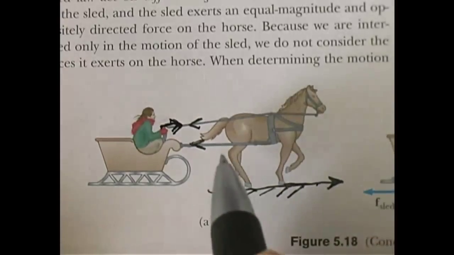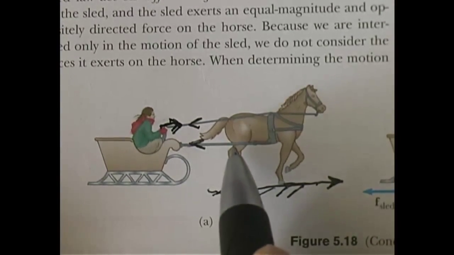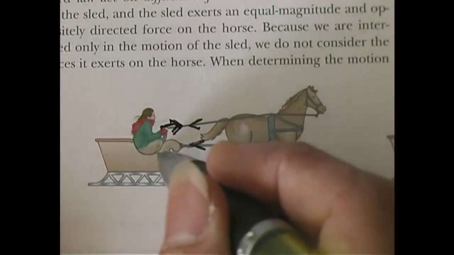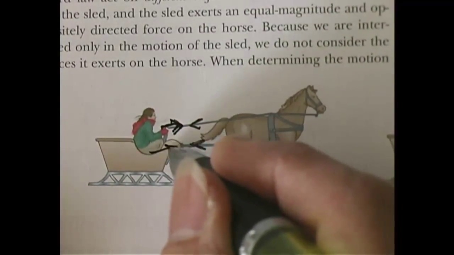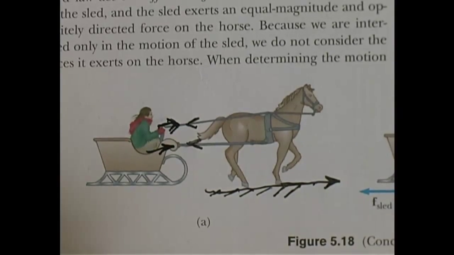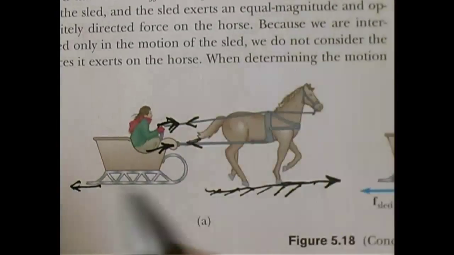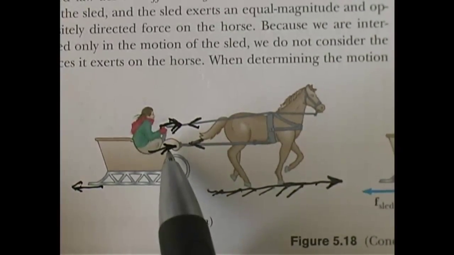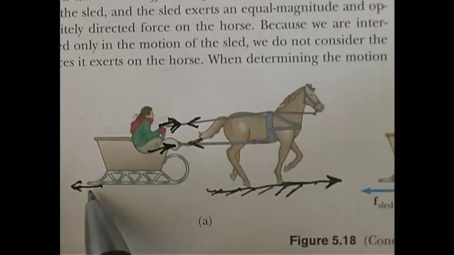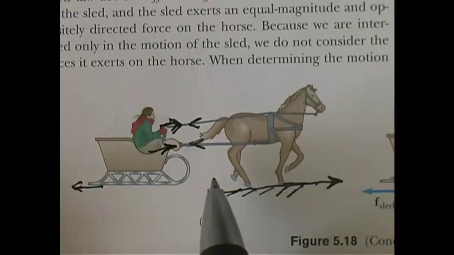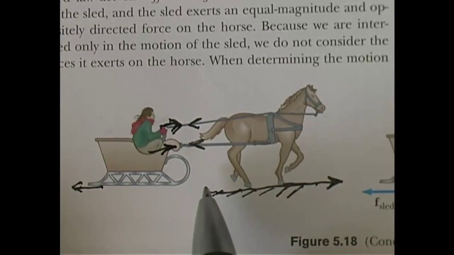Also, the wagon is pulling the horse from a different location, so the horse, with reaction, also pulls the wagon forward. Of course, the wagon also receives a little bit of friction from the road, which is against it, like this. But as long as these two forward forces exceed the backward force, then the wagon is going to accelerate forward. Okay, so that explains why the wagon accelerates forward.